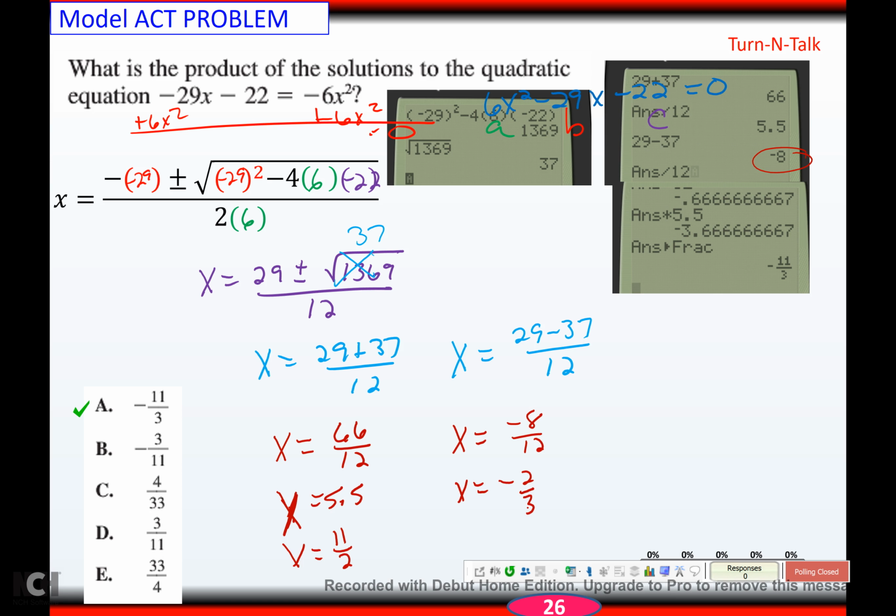And then they want the product of these two. Well, if I take 11 halves times negative 2/3, those cancel and I get negative 11/3 is my product. As a decimal, it would be negative 3.6 repeating.